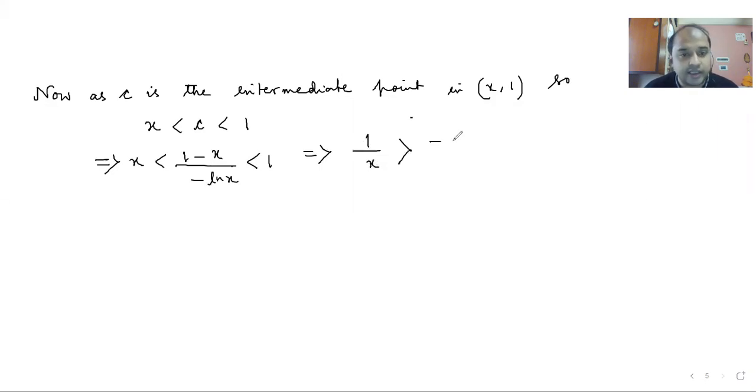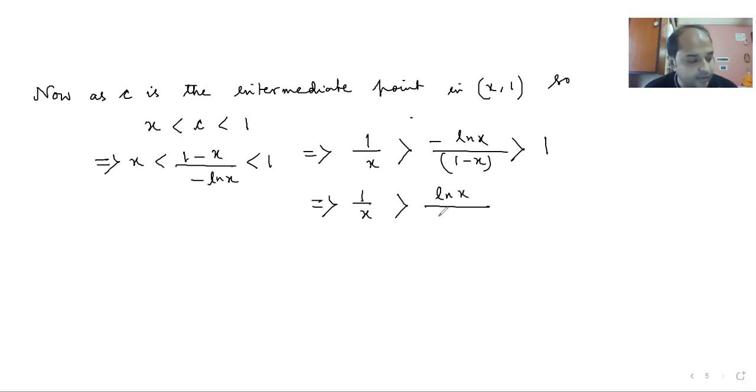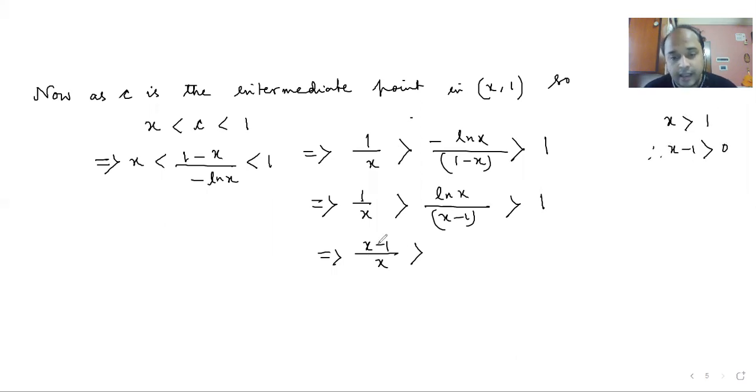You can interchange the sign. This should be ln x by (1 minus x). Because I'm taking the reciprocal, the inequality will change, and this implies 1 by x greater than ln x by (x minus 1) greater than 1, and you can multiply both sides by x minus 1. Since x is greater than 1, x minus 1 is positive, and so the inequality will not change, and we are going to get this thing.